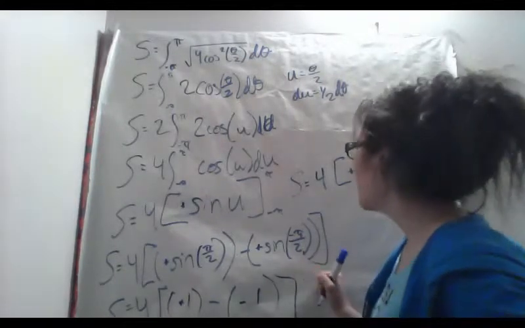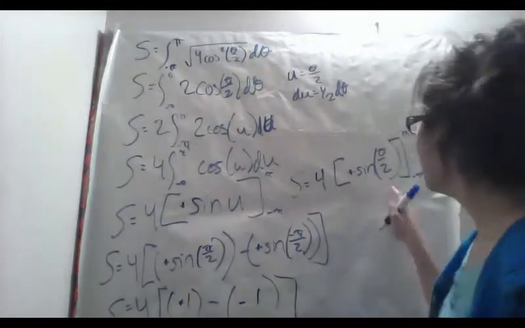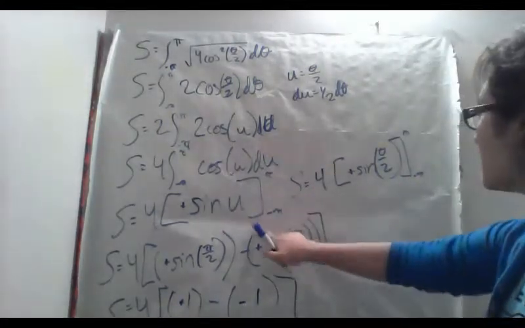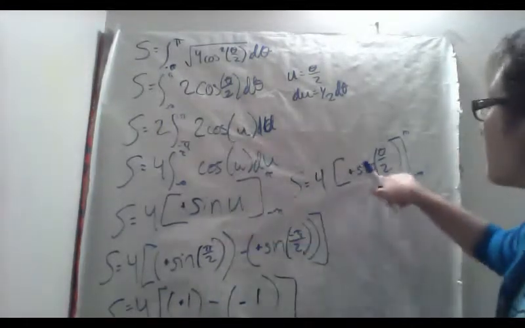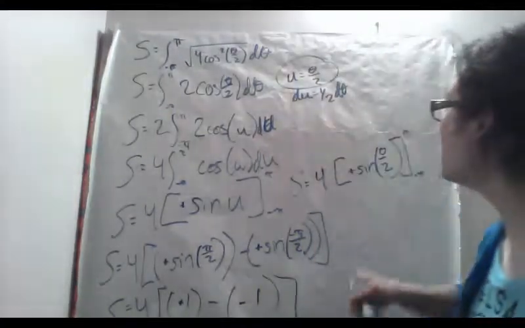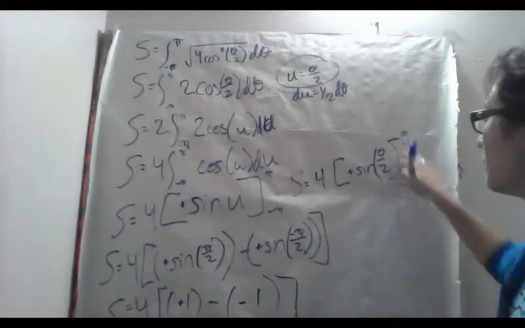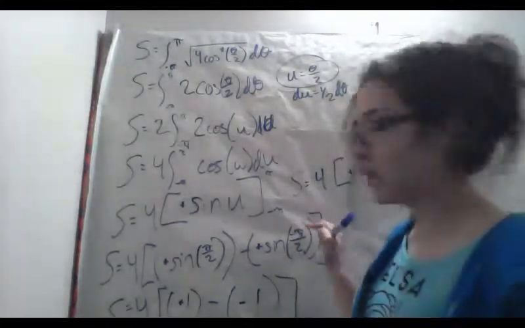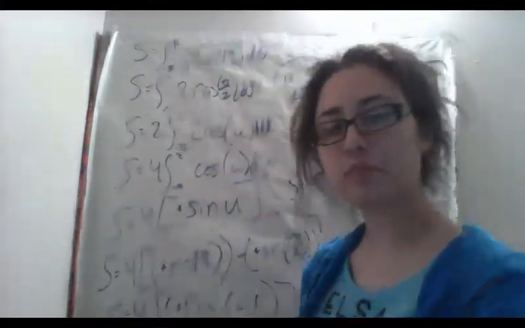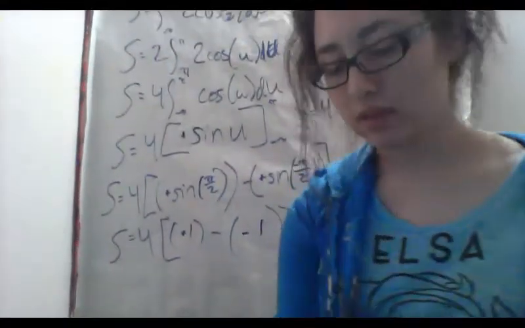Okay, so now with this, we replace the u, which is over here, this u, for positive sine theta over 2. Now we evaluate our limits. So we move it down a little.